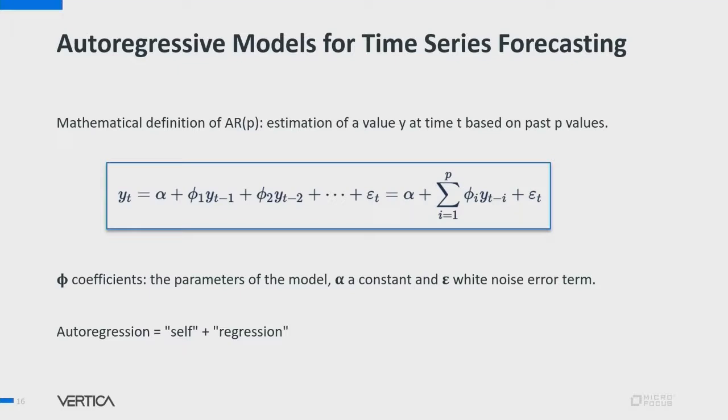If we write an equation for that, y_t is equal to alpha, and phi is the coefficient here, which is the parameter of the model. Alpha is the constant, and then you have at the end epsilon, which is the white noise error term. So essentially what autoregression means is self-regression.